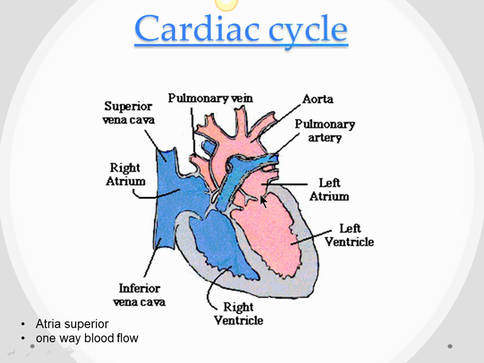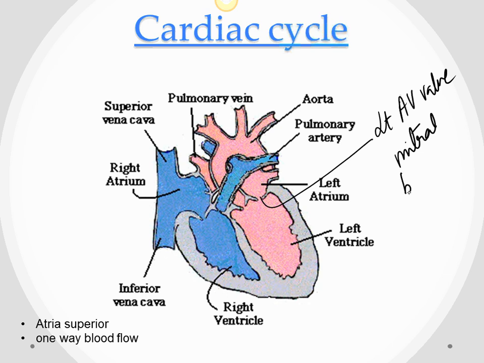From the left atrium, blood goes again through the left atrioventricular valve into the left ventricle. This left atrioventricular valve, left AV valve, is also called the mitral valve, or also called the bicuspid valve.